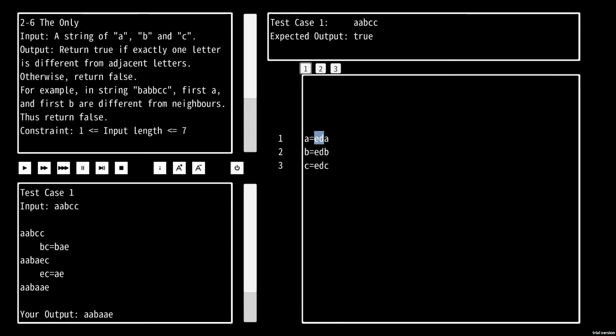So E goes left, D goes right. So then AAE equals E. AAA, or triple A, like that. We do that again a couple times.